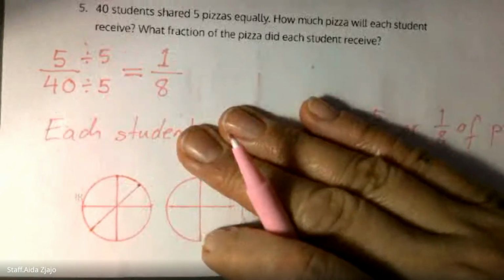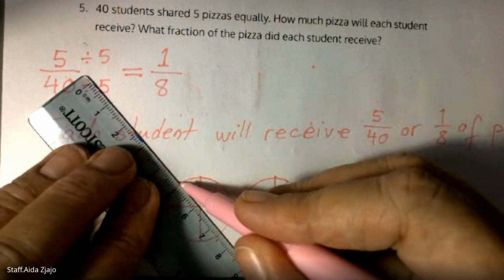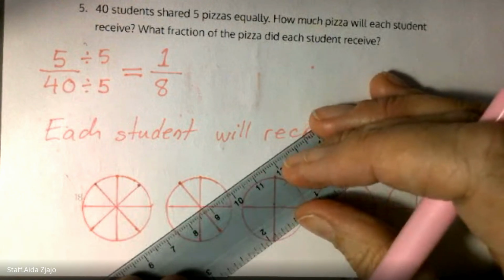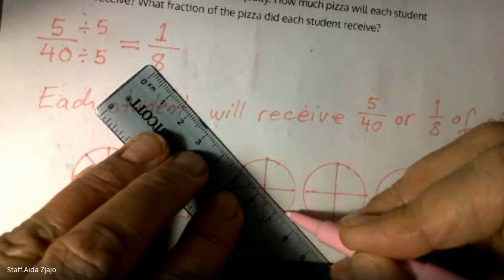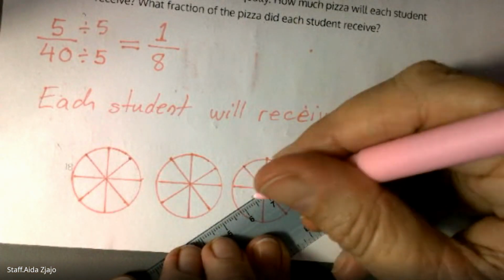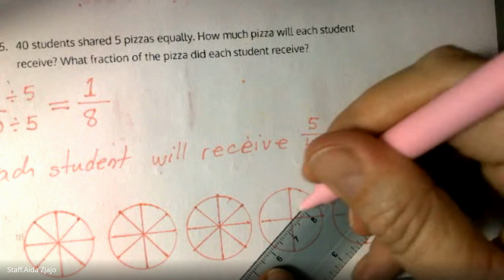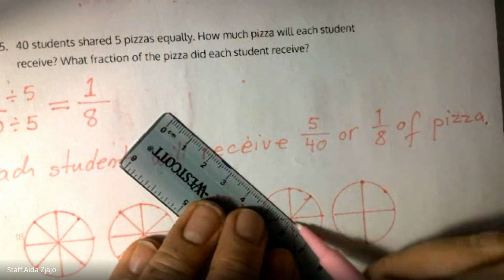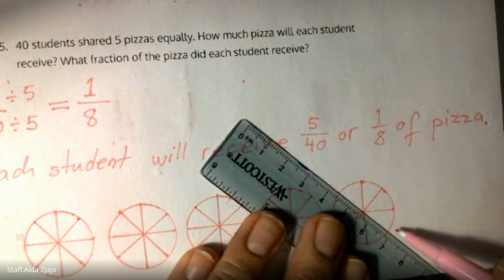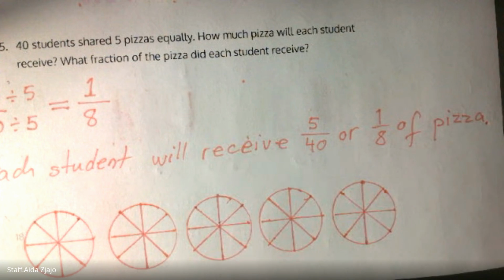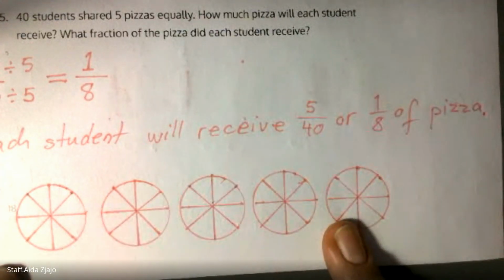So 5 pizzas each divided into 8 will give you 40 pieces.